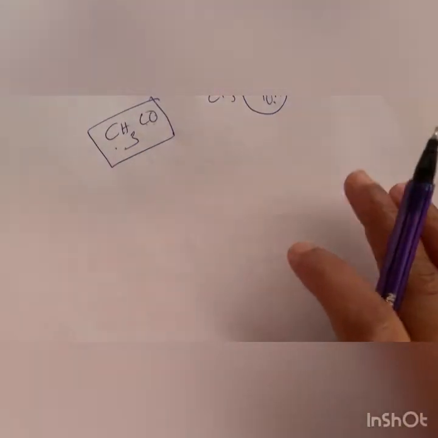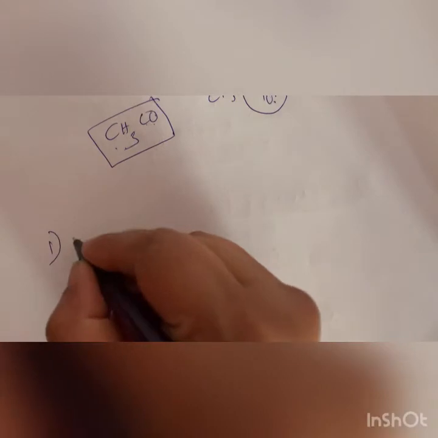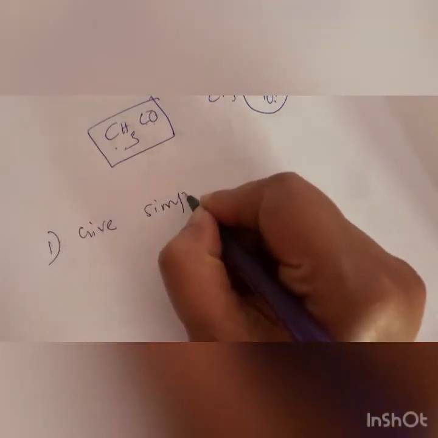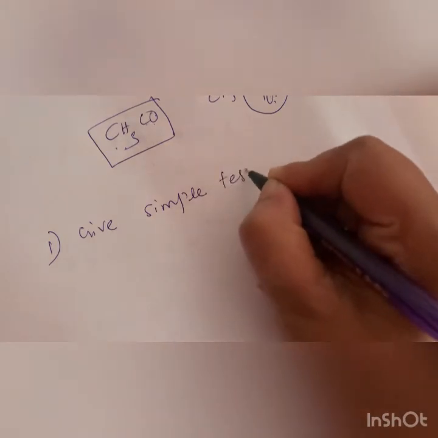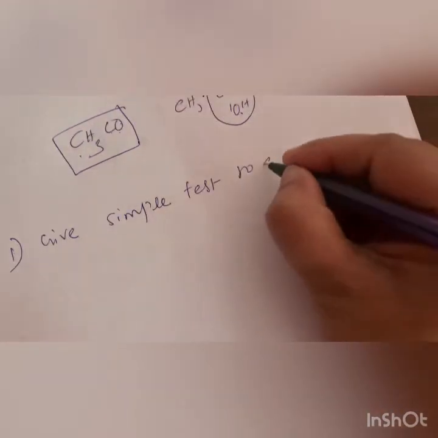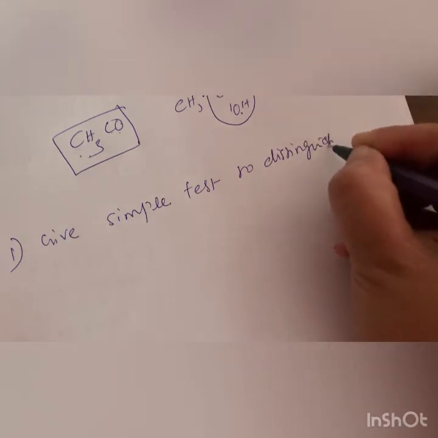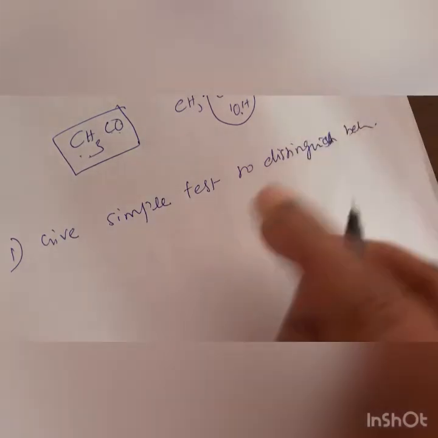And now we can do some questions on this. I'll give you the questions and we will see how they are going to ask them. The first question is: give a simple test to distinguish between the following compounds.